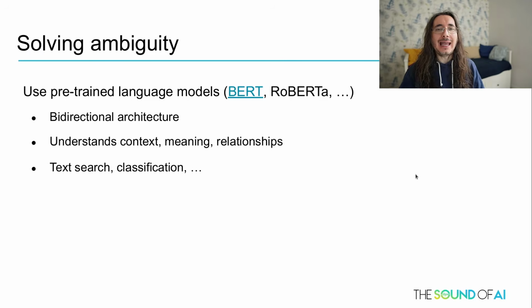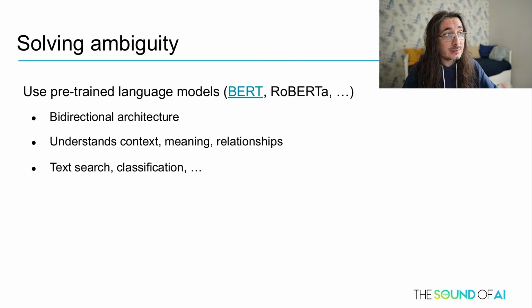This is an encoder model, a transformer model that only has a bidirectional encoder architecture. You cannot really use it for generation, but it's great for understanding because of the encoder and bidirectional architecture. It really understands subtleties in language.